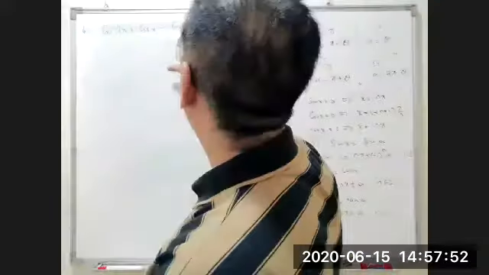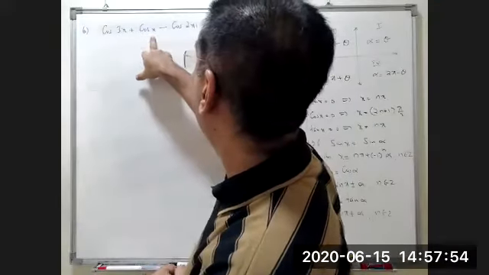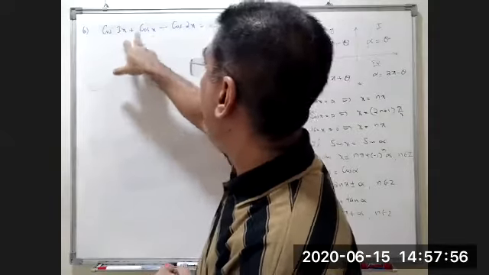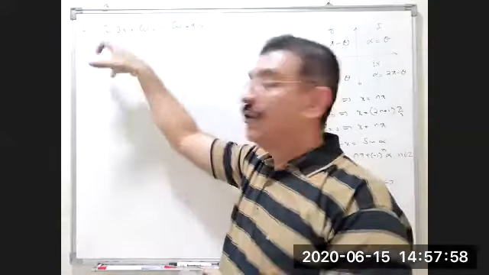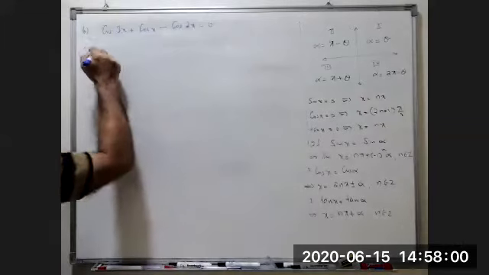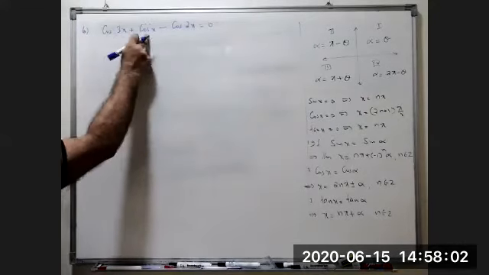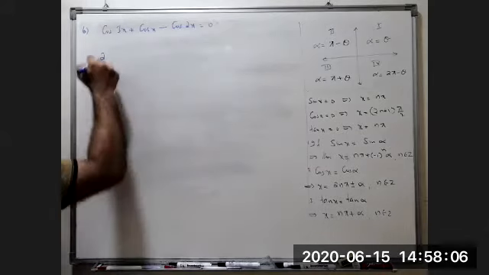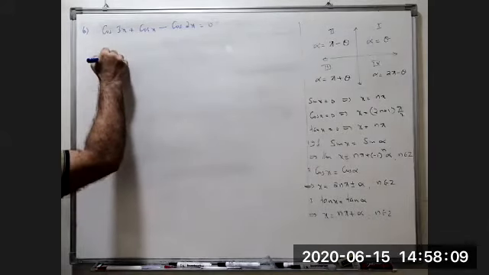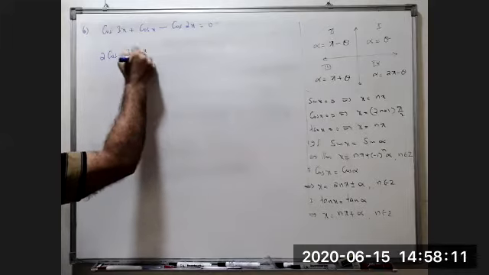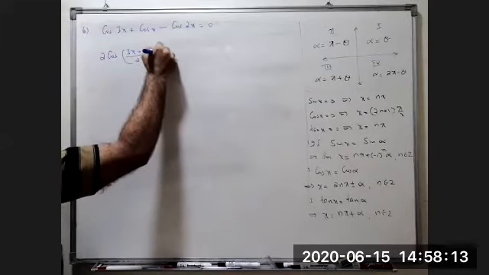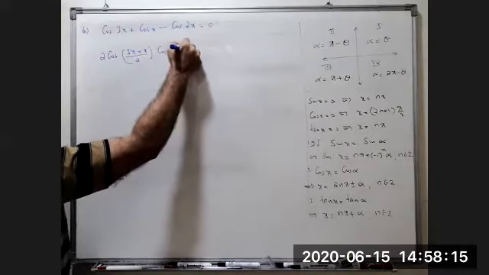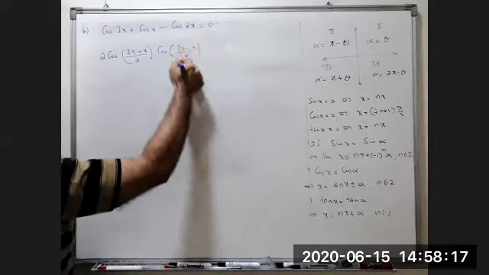3 plus 2, 5, 5 by 2 is a fraction. 2 plus 1, 3 by 2 is a fraction. Whereas 3 plus 1 is 4. So 3x and x, combining the first 2. This is cos x plus cos y, which is 2 cos((x plus y) by 2) into cos((x minus y) by 2).